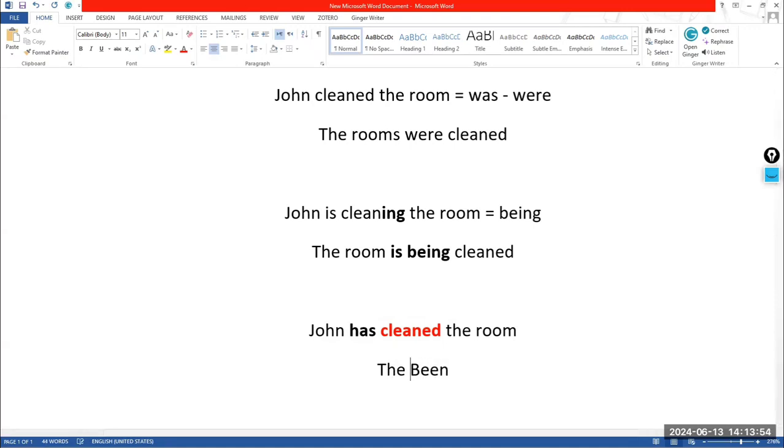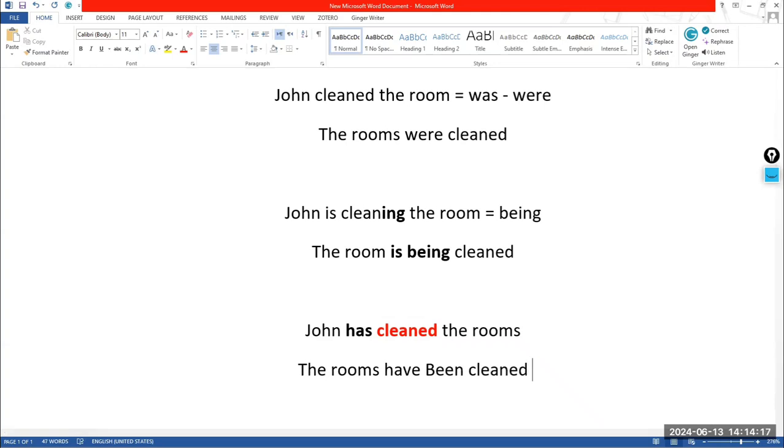So the room is the object. Now it was subject, now it is object. I have to keep the tense because the room is singular. I have to use has. If I have the rooms, I have to use have, not has. So the rooms, because it is plural, have been cleaned.